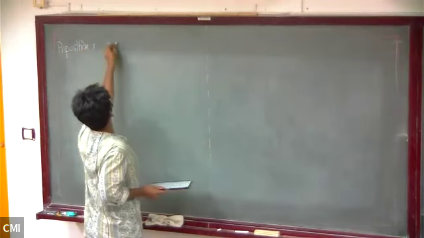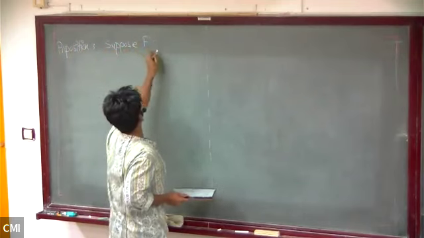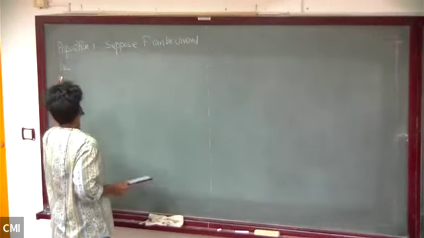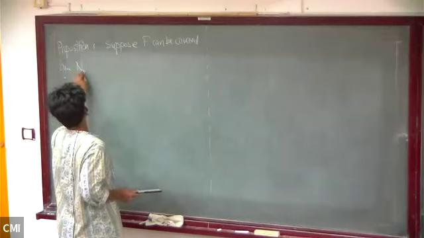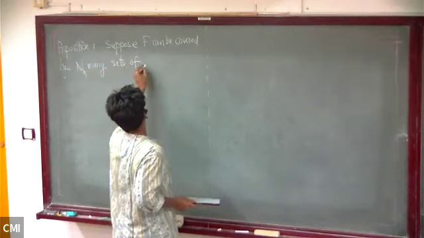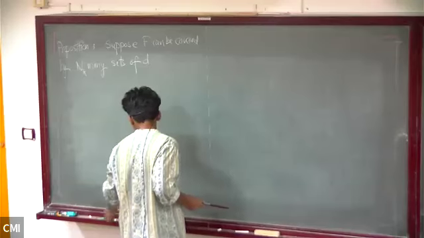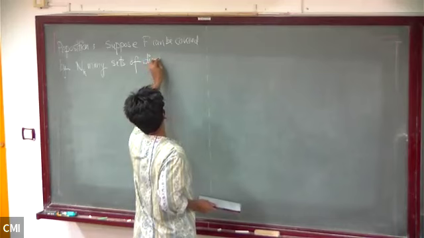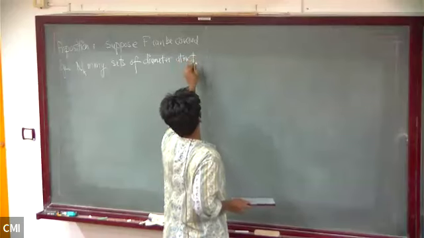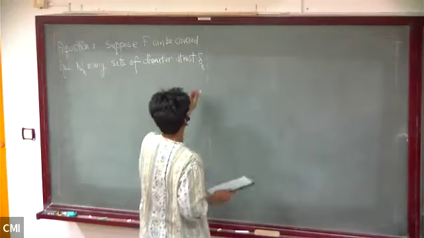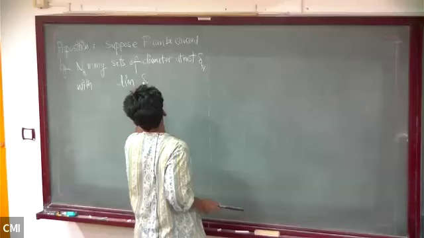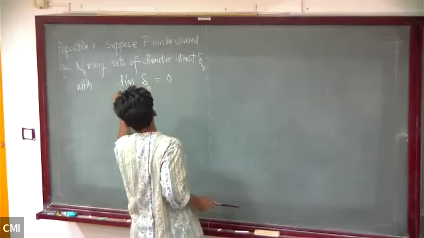So suppose F can be covered by n_k many sets of diameter at most delta_k, with the limit of delta_k is 0 as k goes to infinity.